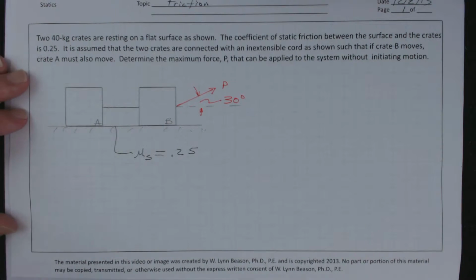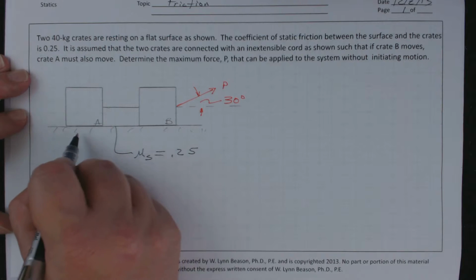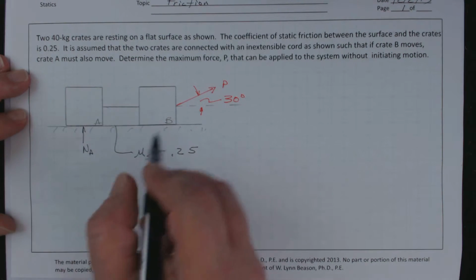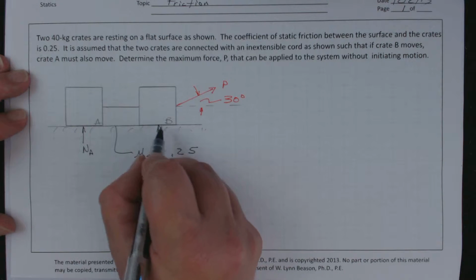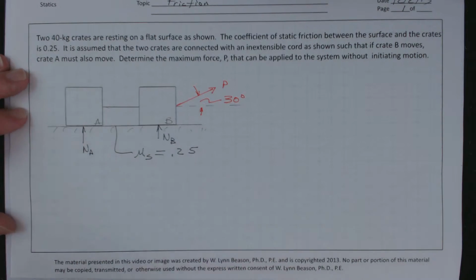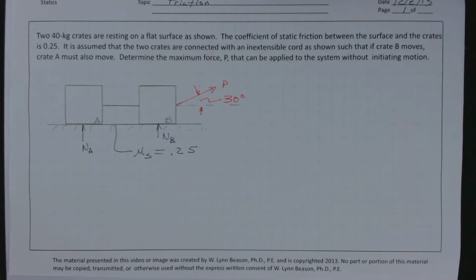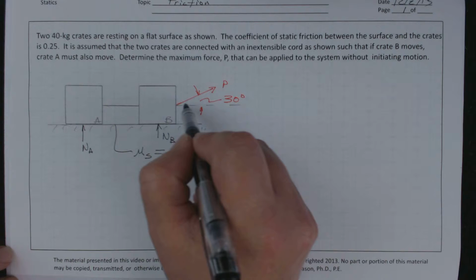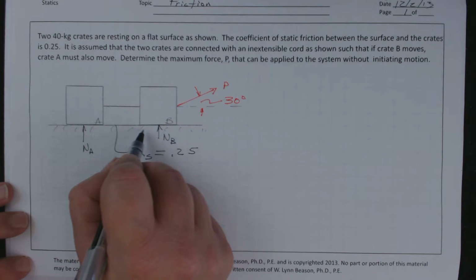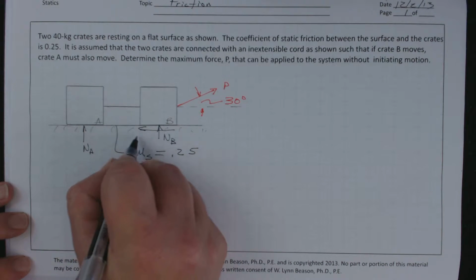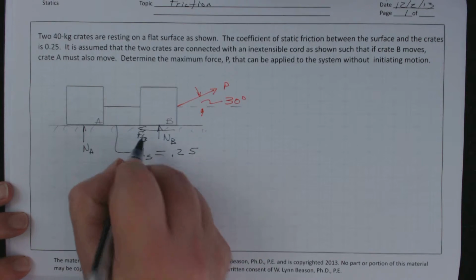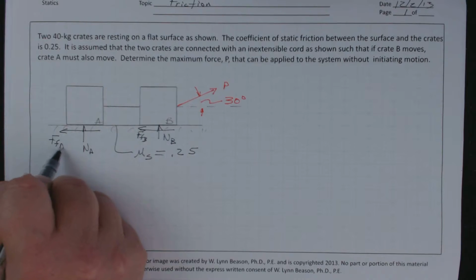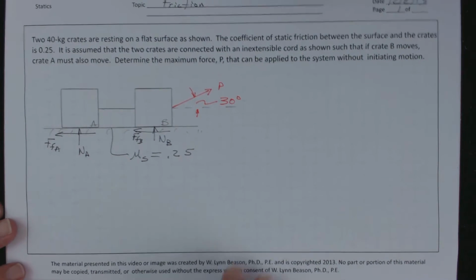Now, it's pretty clear, if you think about this, that there would have to be a normal force here, and there would also have to be a normal force there. And it's also pretty clear that if this force is pulling to the right, then the friction here, we'll call it the friction force at B, will be like that. And there'll be a friction force at A in that direction.